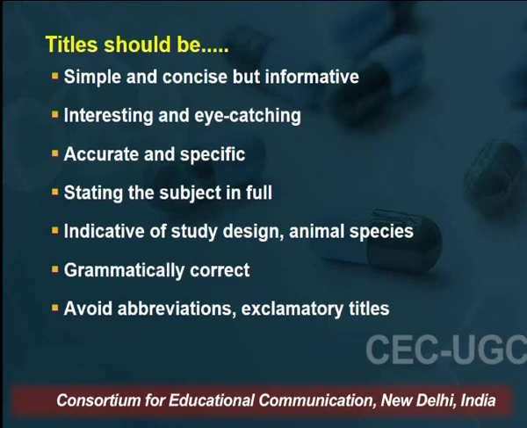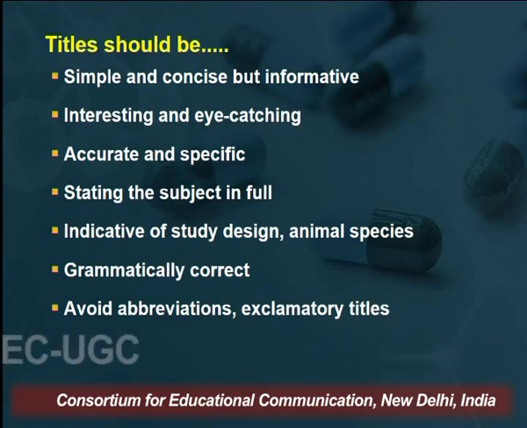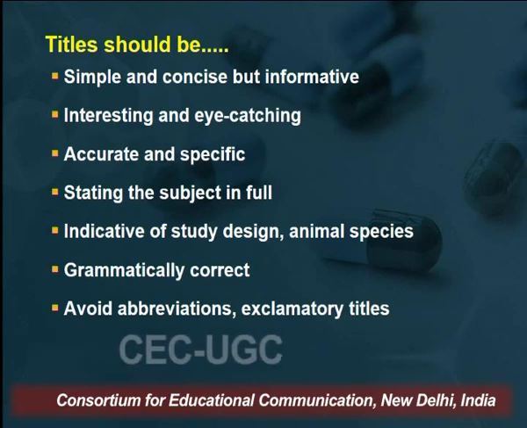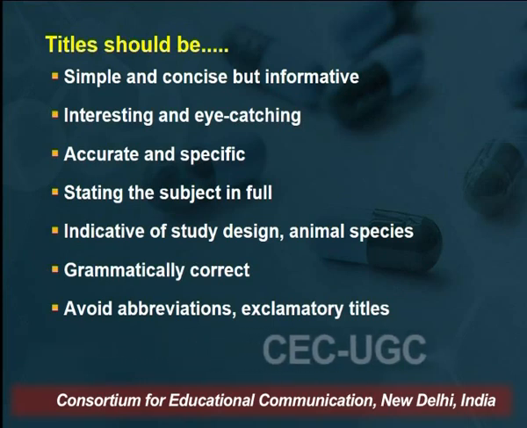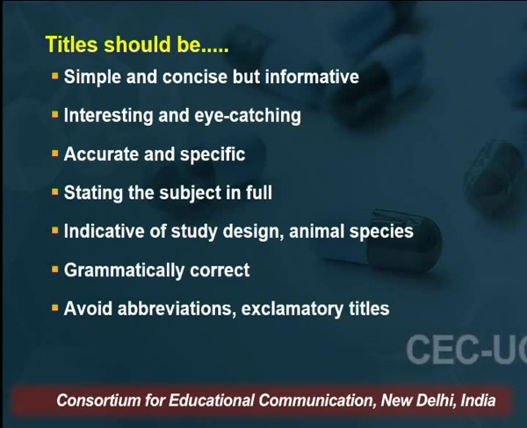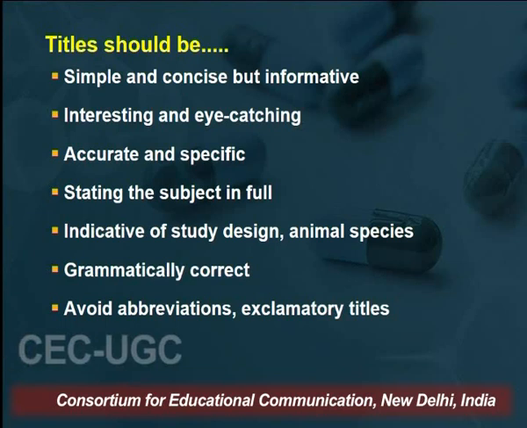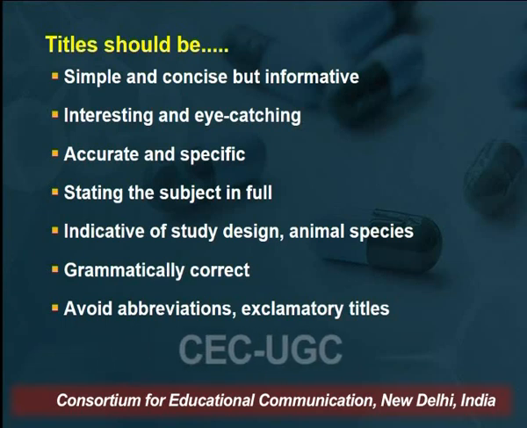It should be very interesting and eye catching, but at the same time it should be accurate and very specific about your topic, right? It should not be such that you are using idioms while writing the title of your article. It should be accurate and specific about the topic you are going to discuss.